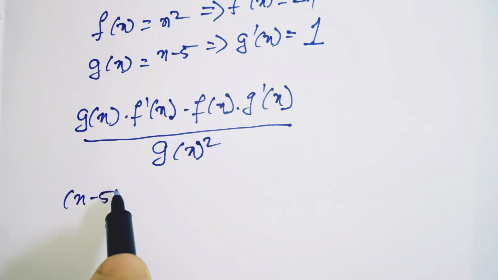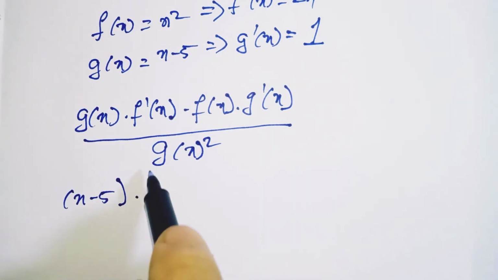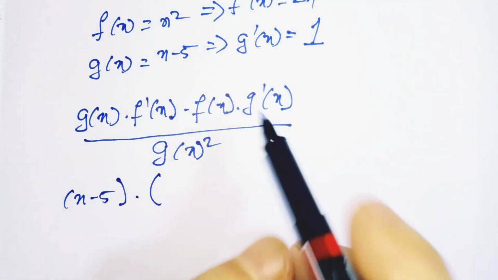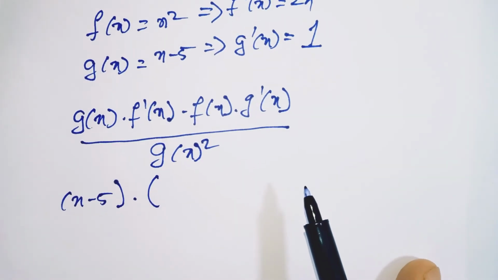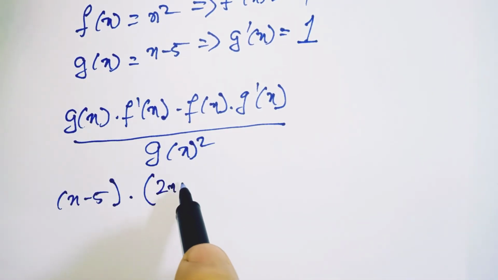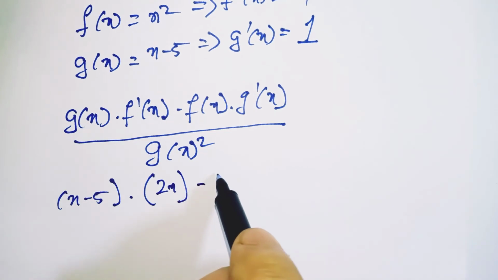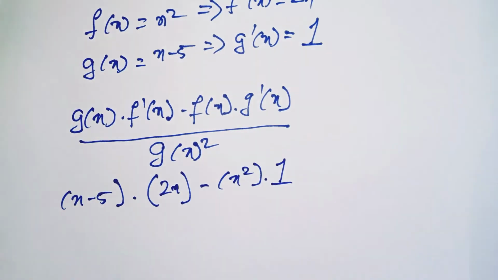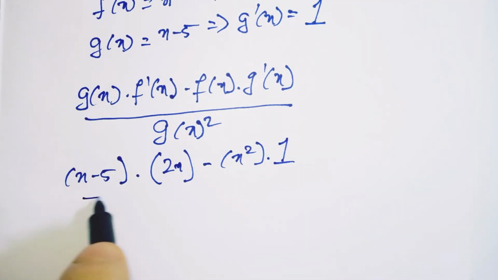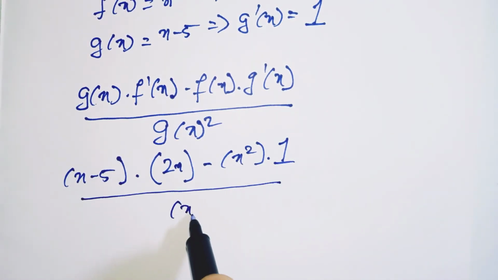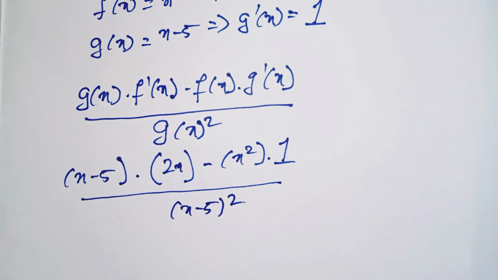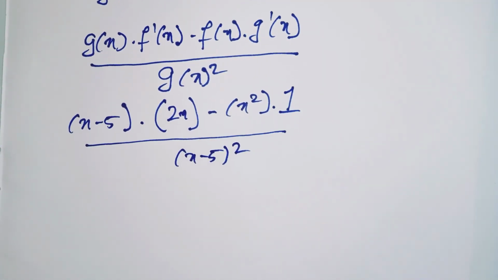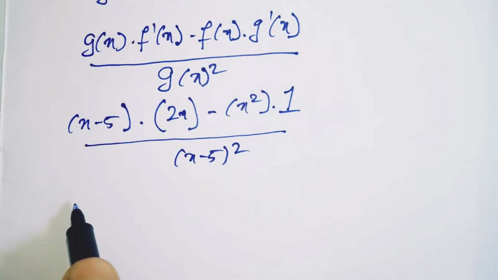So we get x minus 5 times 2x, so this would be 2x, and this would be x squared product times 1, and this would lie as it is. The denominator would be x minus 5 whole squared. So we can just solve things out, and this would result into how much?